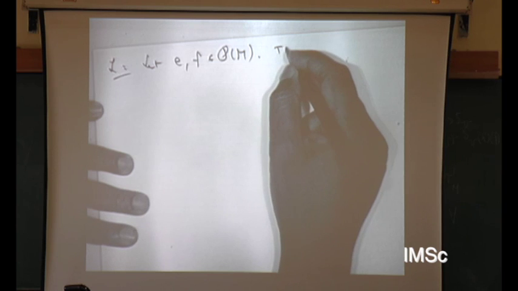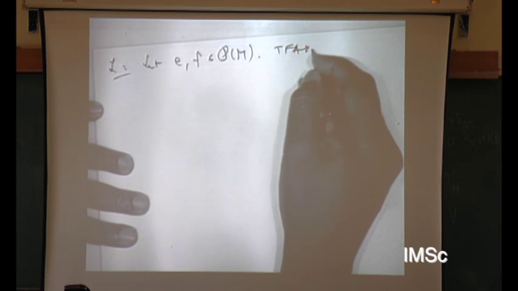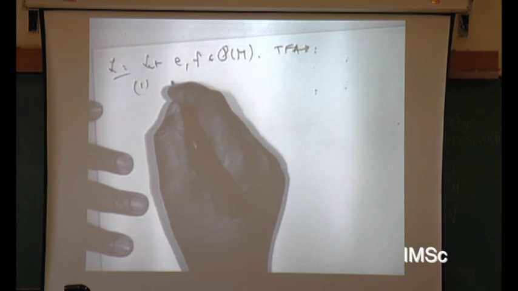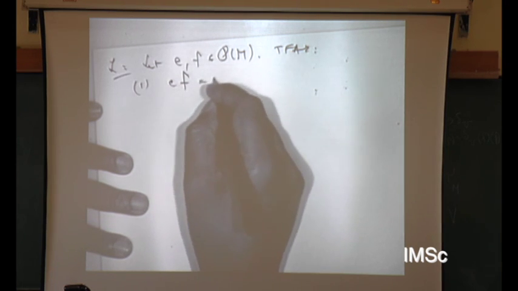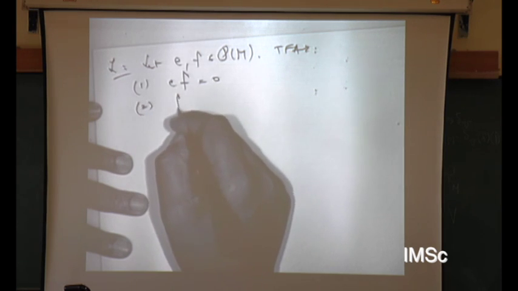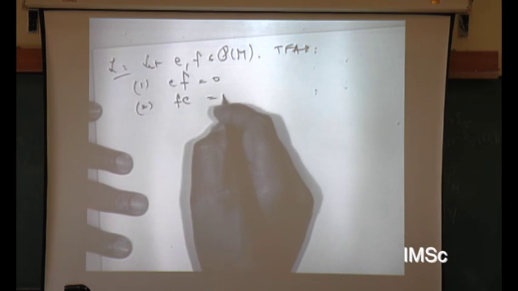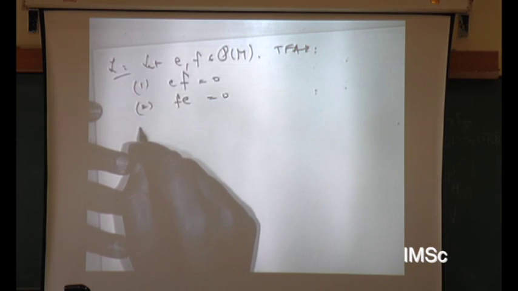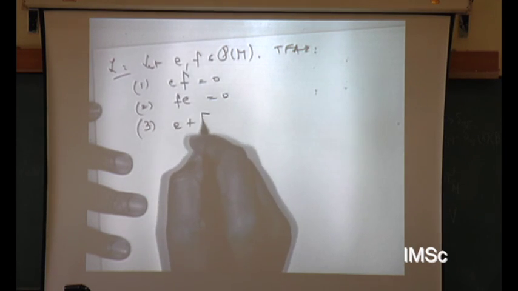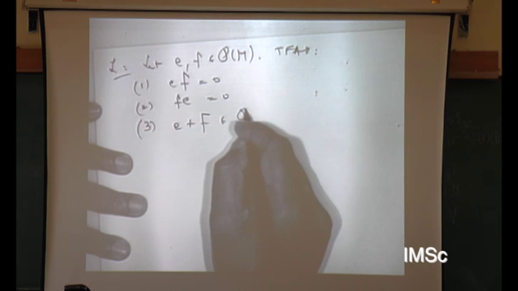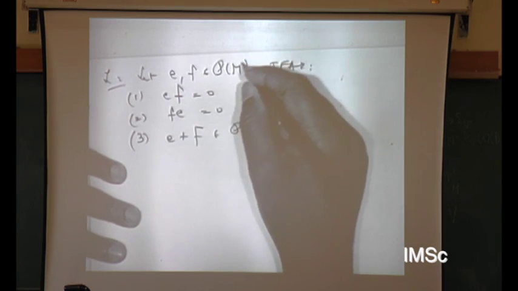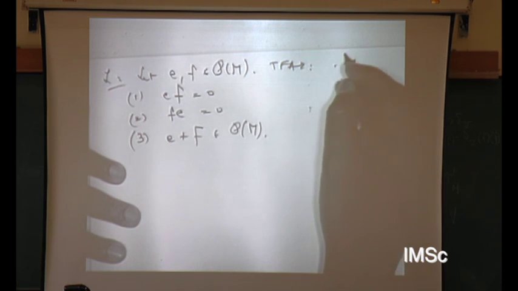Then I want to say the following are equivalent: EF equals 0; FE equals 0; E plus F belongs to P of M.